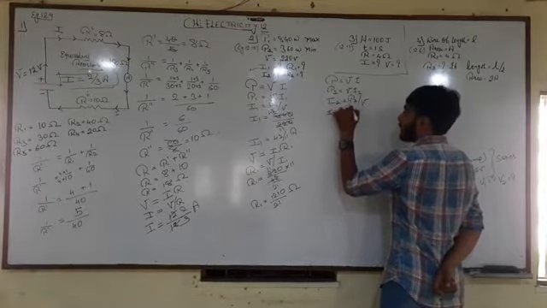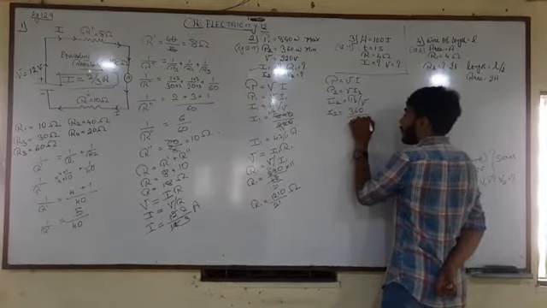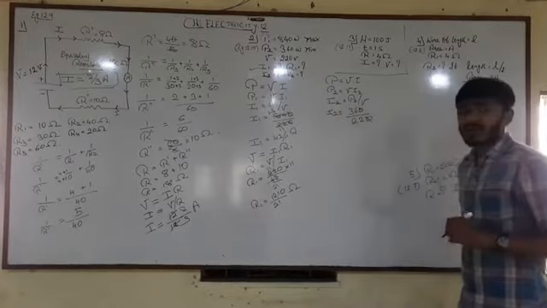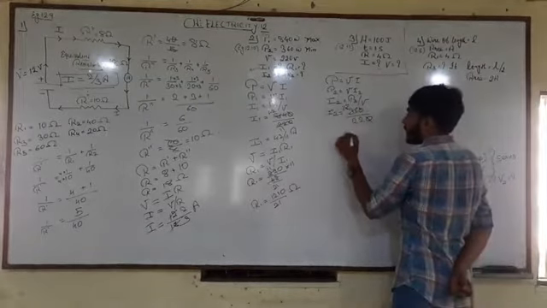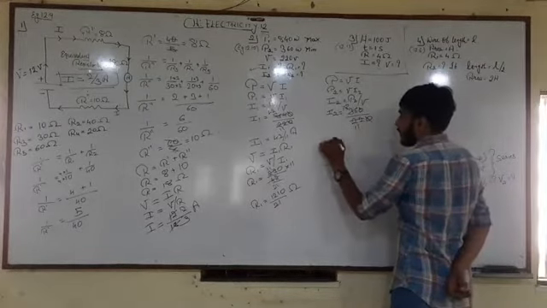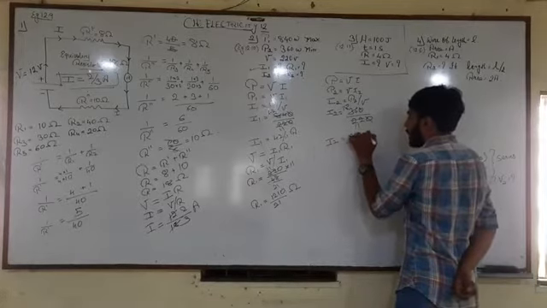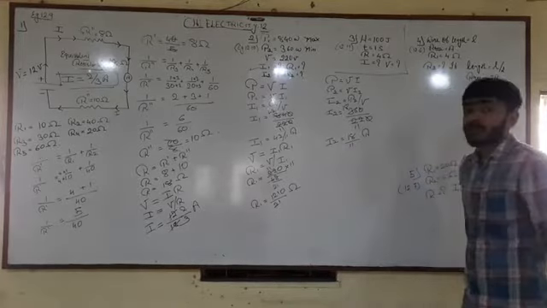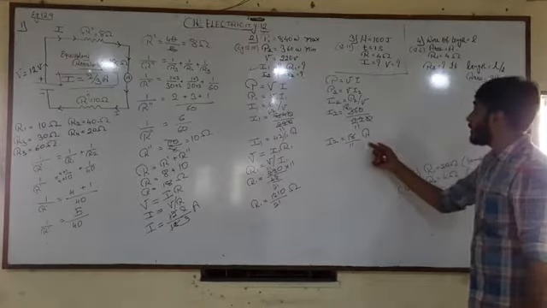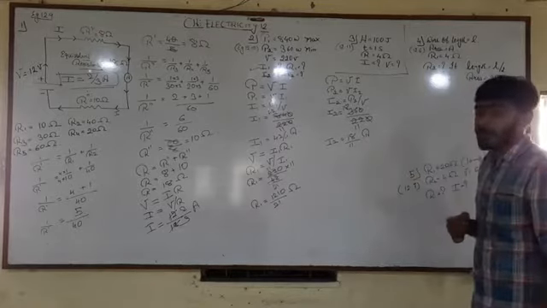P2 is the minimum, that is 360, upon the voltage, 220. This 0 gets cancelled, and 36 by 2 is 18, and this will be 11. And so I2 will be 18 upon 11 ampere. Please don't forget to write these units. So I2 is equal to 18 upon 11 ampere.